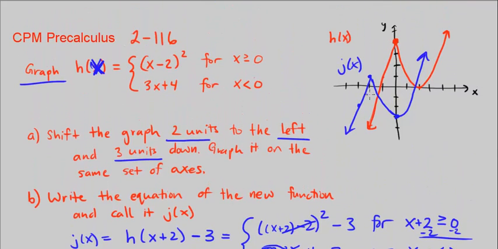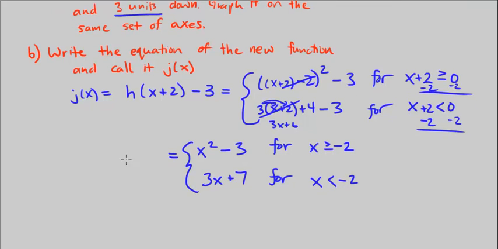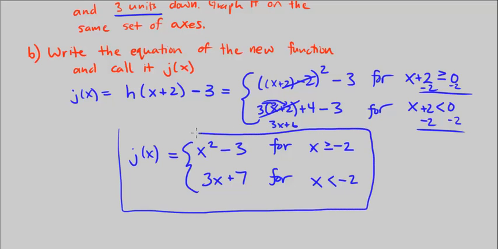And yes, negative 2 is where the transition is happening from one piece to the other. So here is j of x defined in terms of x. And this ends CPM Precalculus Chapter 2, number 116.